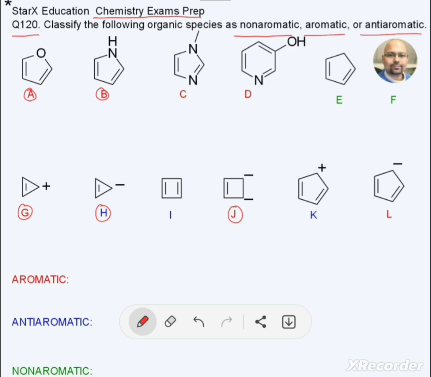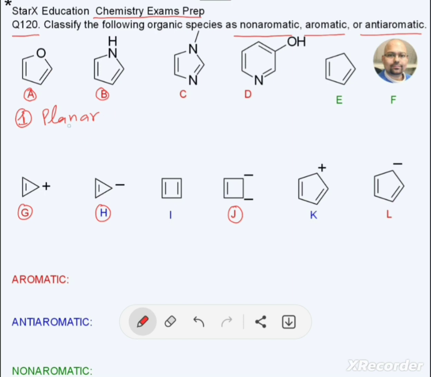compounds. So the aromaticity was explained by Hückel, and there are four conditions that need to be met in order for a compound to be classified as an aromatic compound. So those four conditions are, the first one is that the species must be planar.